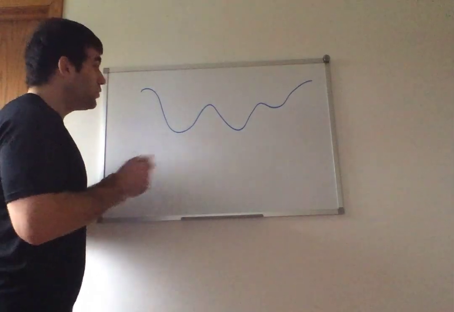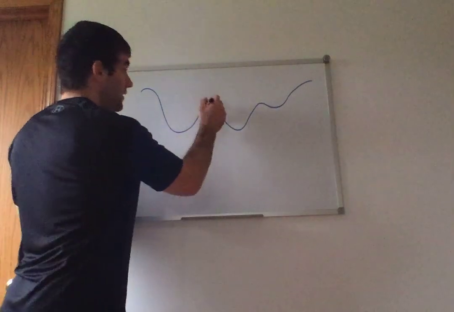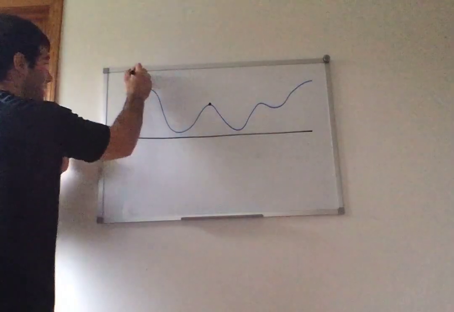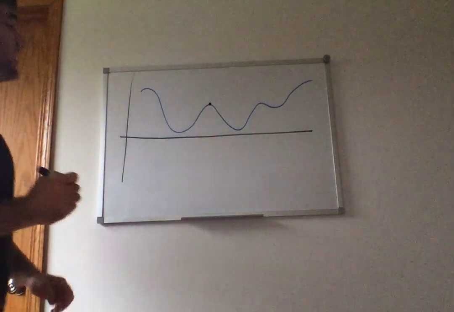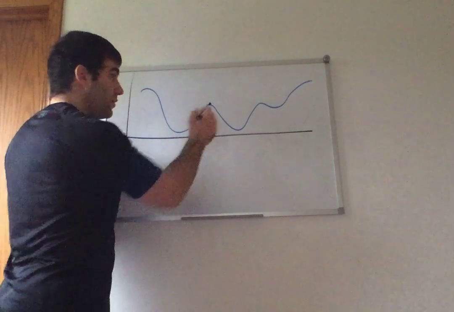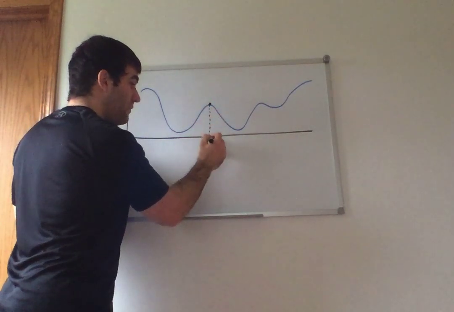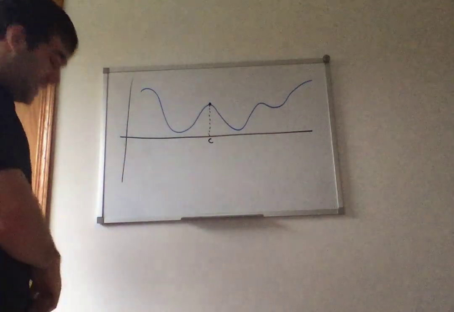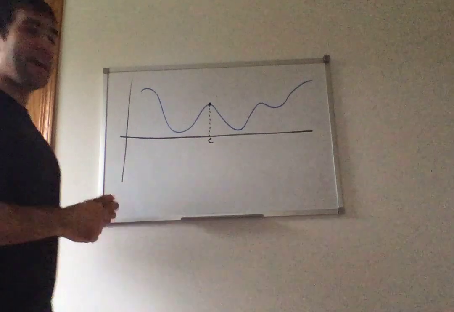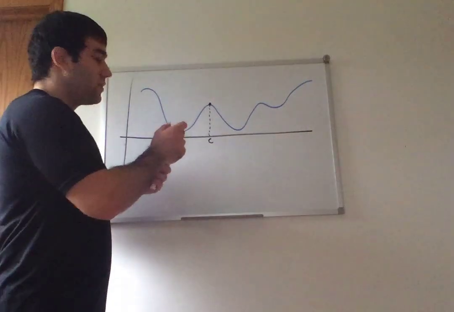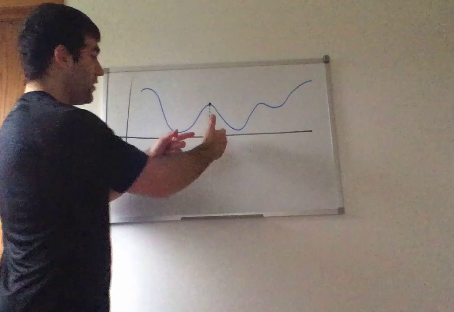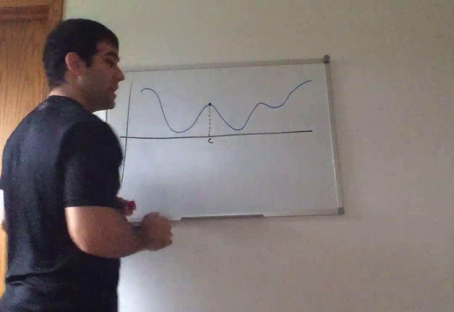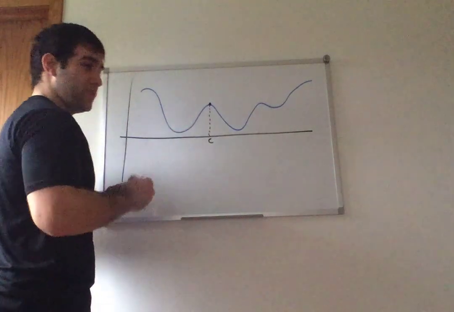So if you look right here, say that's our x-axis, say that's our y-axis. Whatever this c value is, if I look near that c value, we mean close to it, not very far away, because if I go too far away, you've got a maximum here, you've got a maximum here. So when we say near, we mean very close to it.